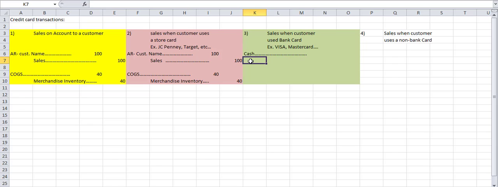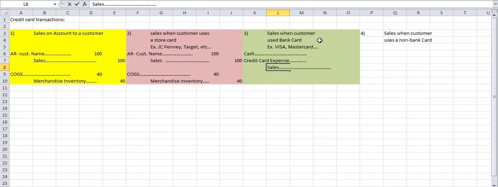We would also incur some type of credit card fee. We could call it credit card expense, credit card fee, and this would take place at the time of the sale. We want to make sure that we adhere to the matching principle of when to record expenses in the period in which we record the sales.